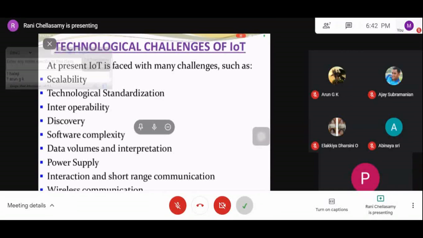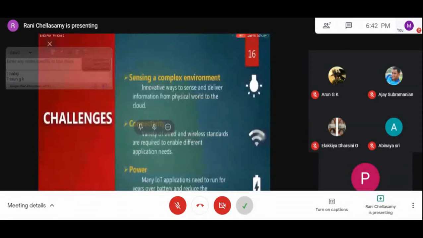The major challenges: you have sensing a complex environment. There are innovative ways to sense and deliver information from the physical world to the cloud. That is a very challenging one. Storing all the information you are gathering onto the cloud is a challenging one.